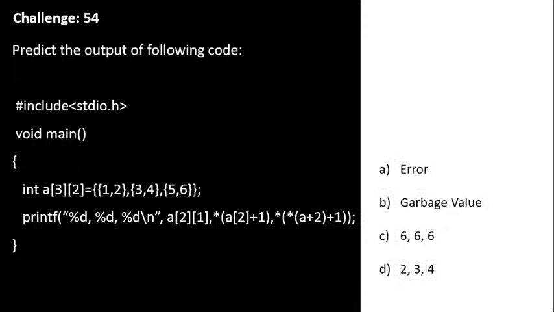Okay, what is the output here? So what am I doing here? printf with %d %d %d. So 3 %d's are there. And what am I printing? A of 2 of 1.